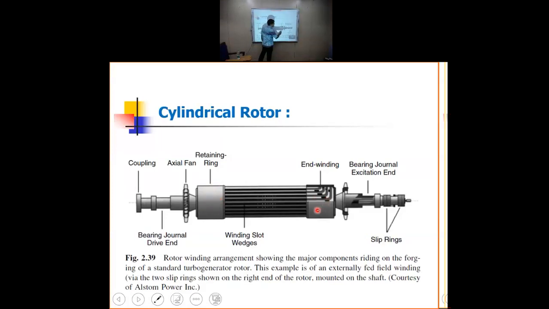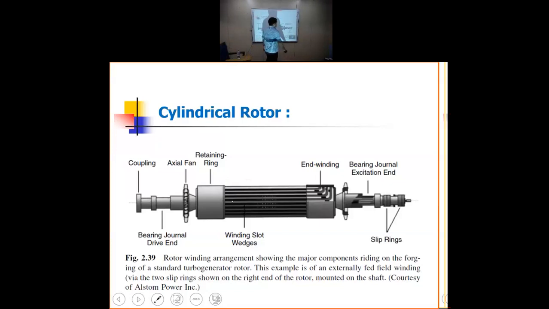This is the retaining ring at the other end, and these two rings are required for covering the end winding. The active length of the conductor inside the stator is from here to here. That is the active length of the conductor in the rotor or field structure, which actually creates the effective magnetic field for cross cutting.